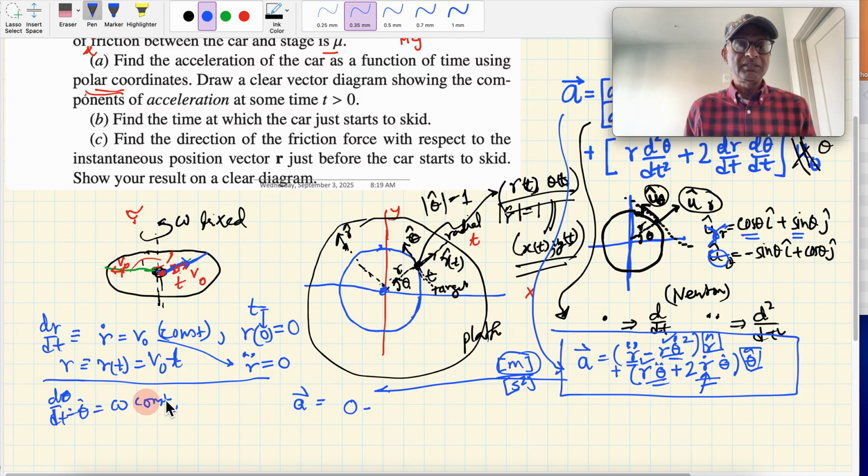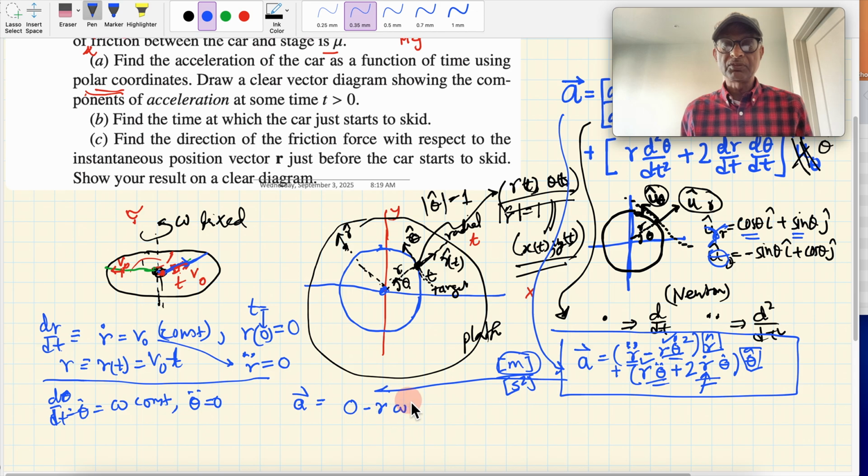That means if I take another derivative, theta double dot, that's going to give me 0. So actually this is 0, this is 0, and this is minus r omega squared. This r is that guy, v0 t. So we'll replace that, r hat.